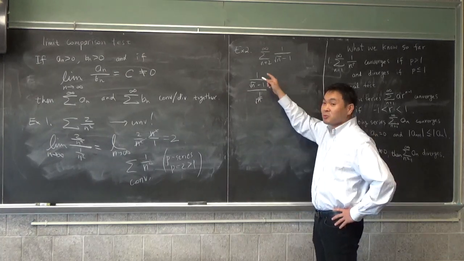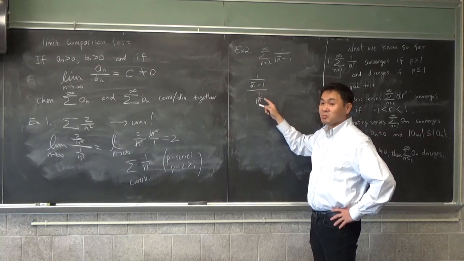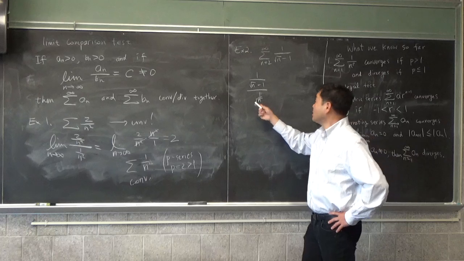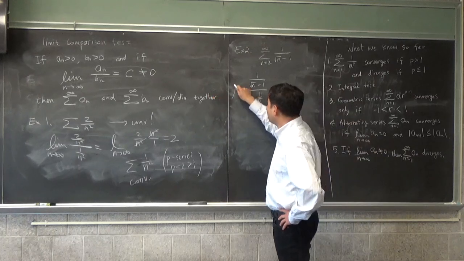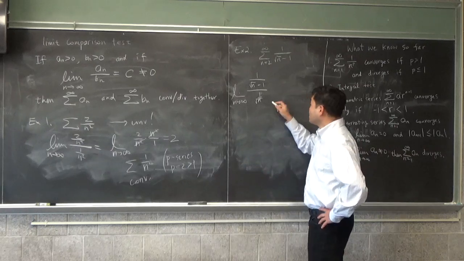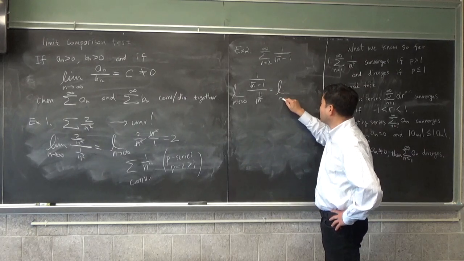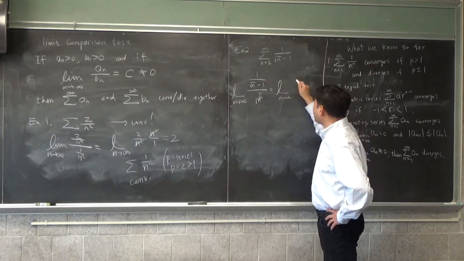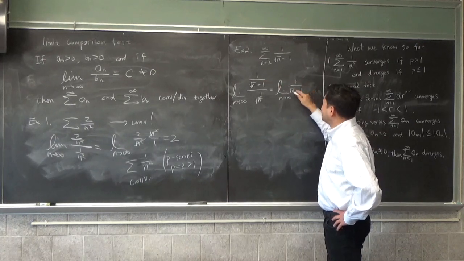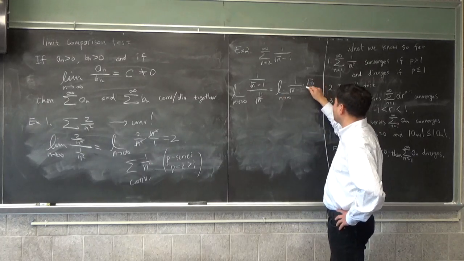So I want to compare the summation of 1 over square root of n minus 1 with the summation of 1 over square root of n. Let's apply the limit as n goes to infinity. What's this limit? Well, again, keep, change, flip. You keep the top, change the division to multiplication, and you flip this, so it's square root of n over 1.